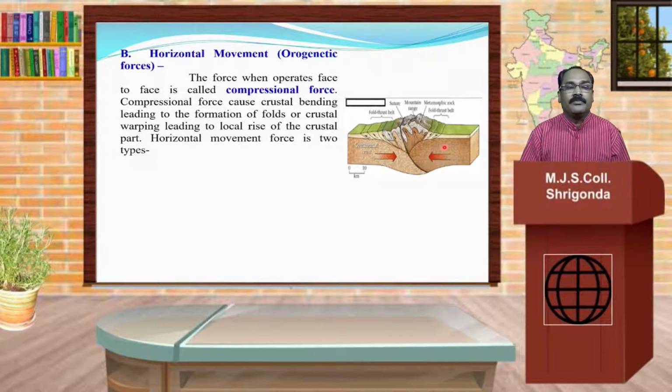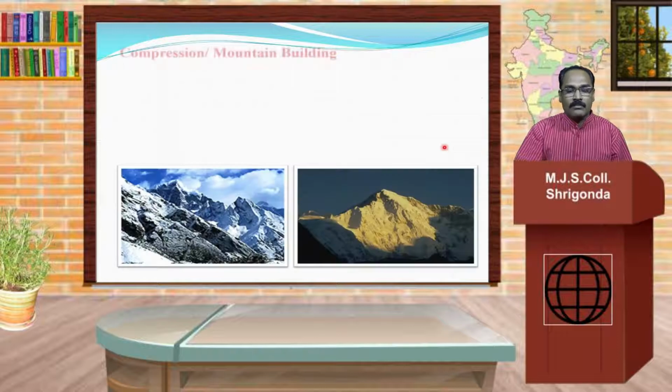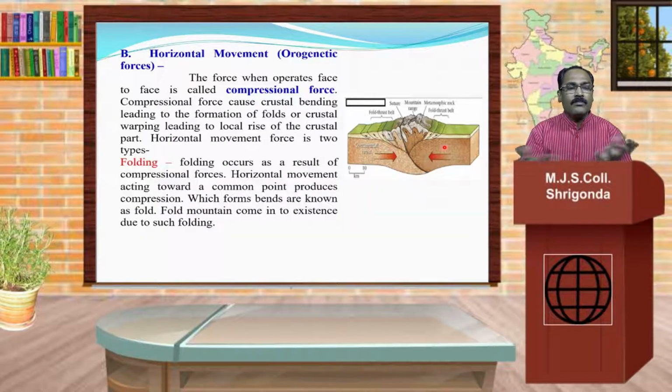Horizontal movement forces are of two types. The foldings occur as a result of compressional force. Horizontal movements acting toward a common point, compressing from both sides with folding in the middle.